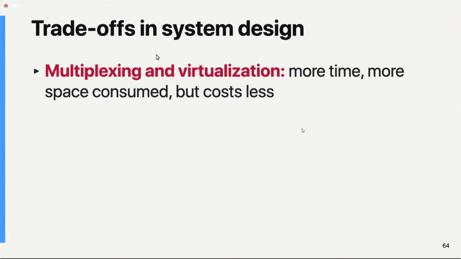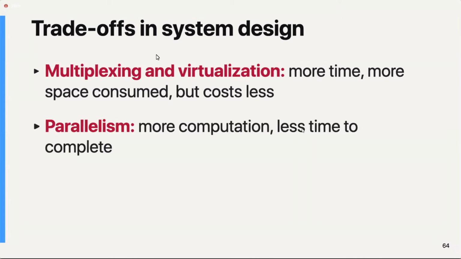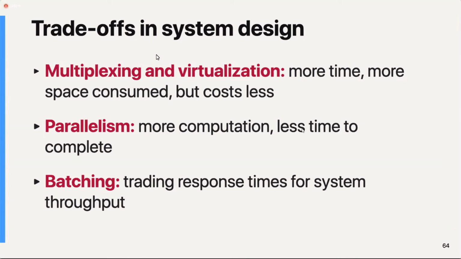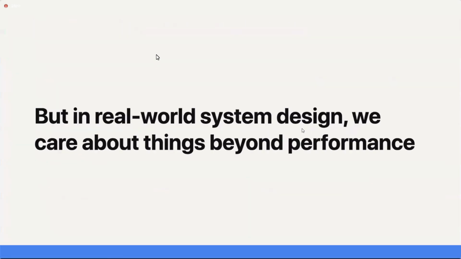For example, with multiplexing and virtualization, we're using more time, probably more space, but it costs much less. Parallelism, again, we're using more computation power, but it takes less time to complete. It improves performance, but we have to sacrifice computation power. And batching, again, is a design principle with trade-offs, where we trade off response time for system throughput.